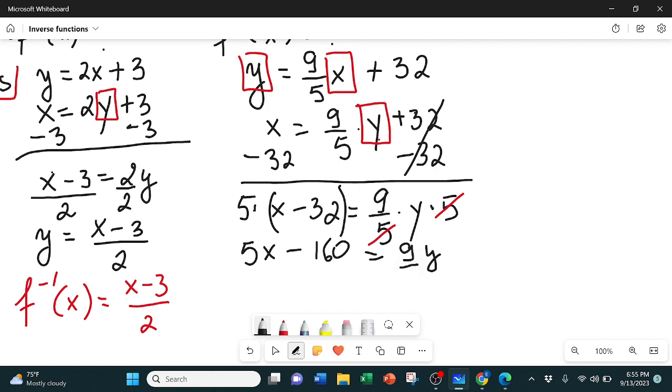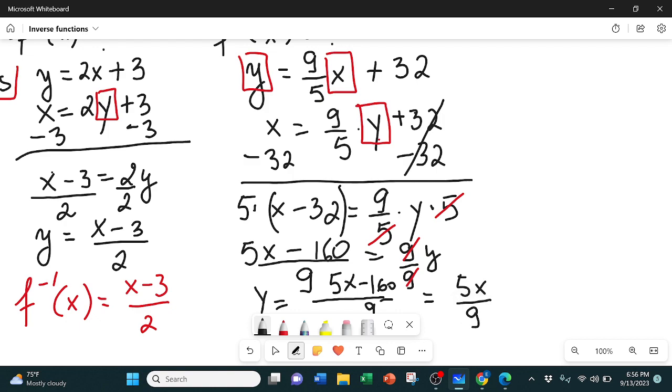Now I'm going to divide both sides by 9. So y equals 5x minus 160 divided by 9. Or we can give a more simplified form, 5 over 9 x minus 160 over 9.